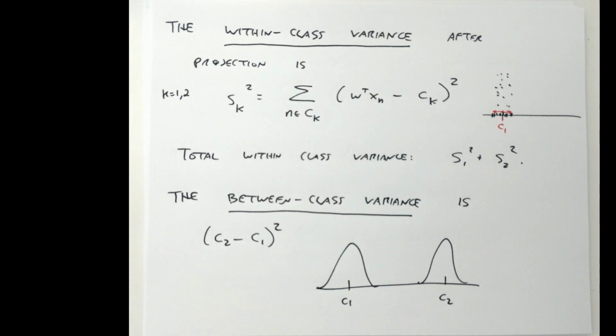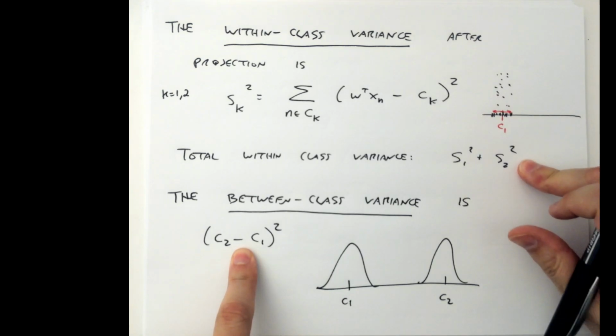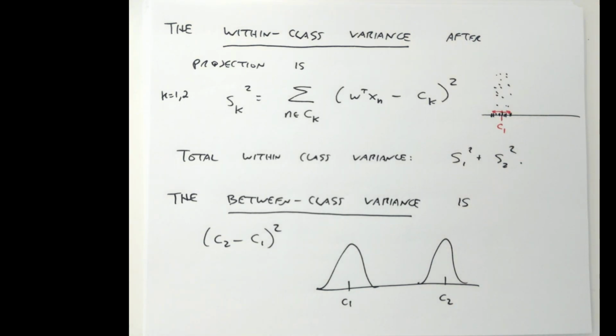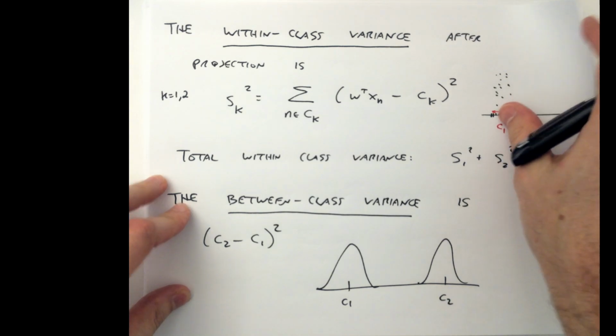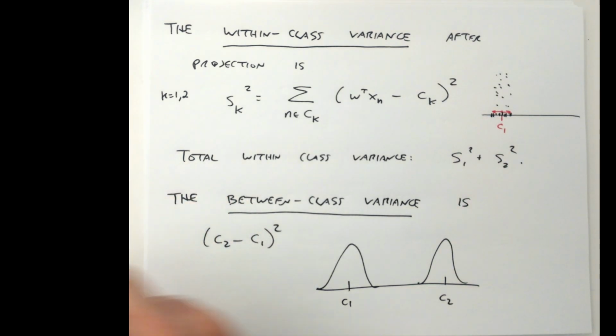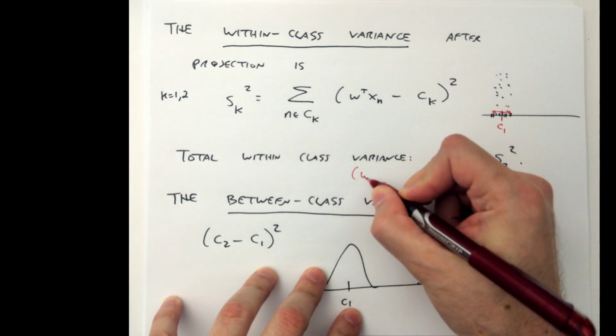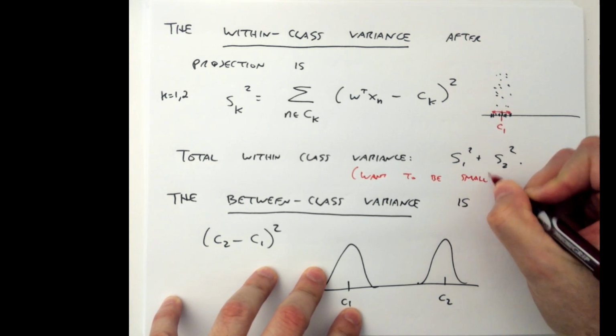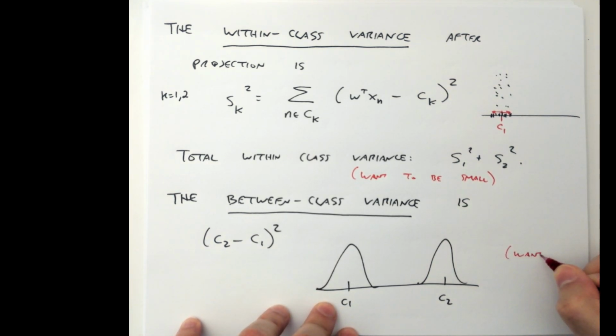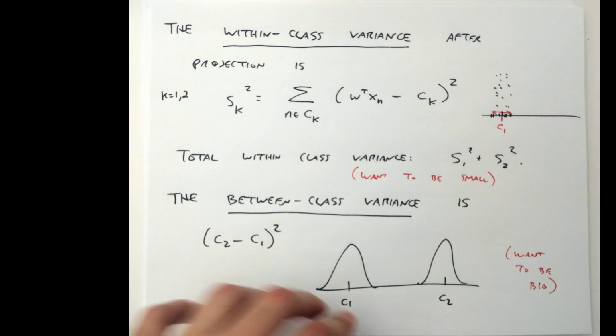I want to push these guys as far apart as possible after I project them down. So the idea is I want this to be big, and I want this to be small, right? And so it makes sense that we're going to build a cost function that is exactly like that, relating these two things. So let me write down, we want this to be small, and we want this to be big, right?